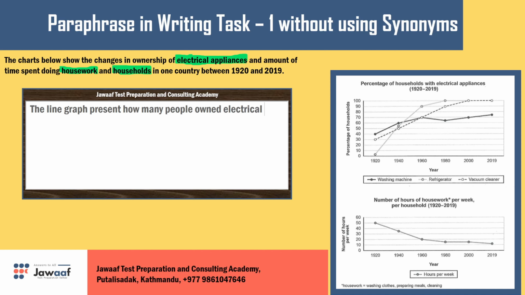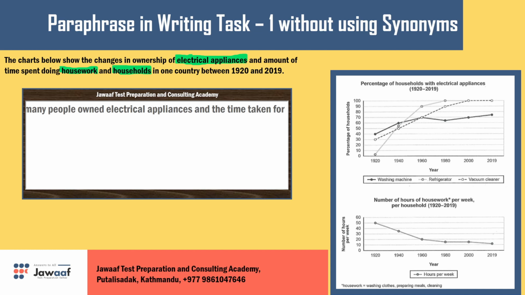Electrical, we do not know the word for electrical appliances, no problem. Appliances, and now it says amount of time. We do not need the word amount of, simply time. It says spent. Yes, this is quite simple. You can simply write taken, time taken, right? This is not anything new.